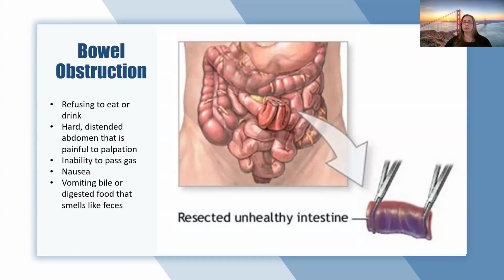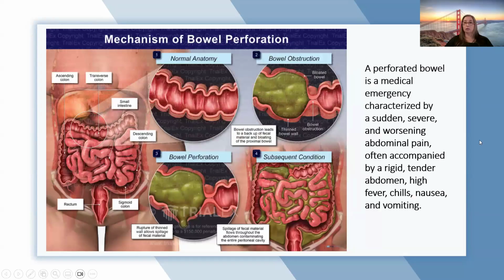And it's just a really painful condition to be in. And it's definitely an emergency. When we suspect a bowel obstruction, or even just severe constipation, we want to get that taken care of immediately, because we don't want to end up in a situation where someone needs a colostomy or is not able to survive.